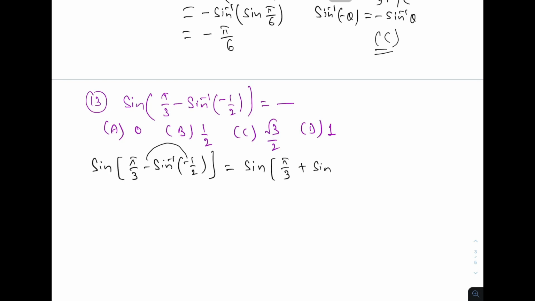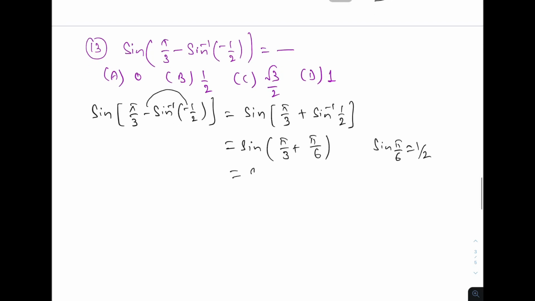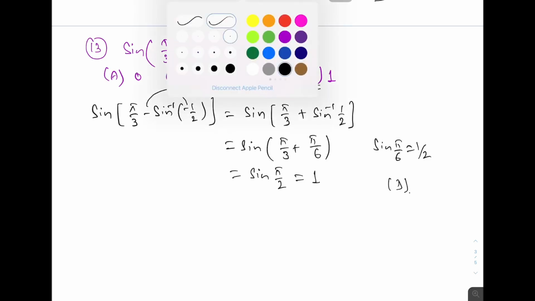So plus sine inverse 1 by 2, and sine inverse 1 by 2 is pi by 6, because sine pi by 6 is 1 by 2, and this is nothing but sine pi by 2, and sine pi by 2 is 1. So the answer is 1.